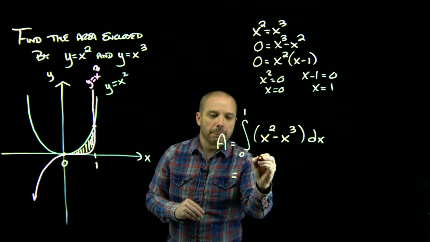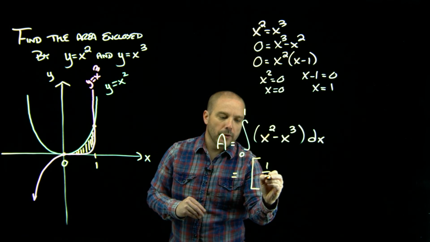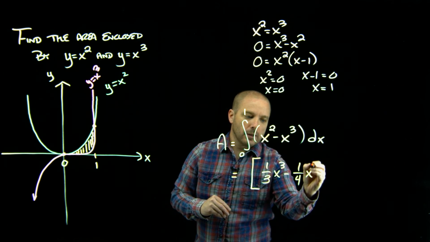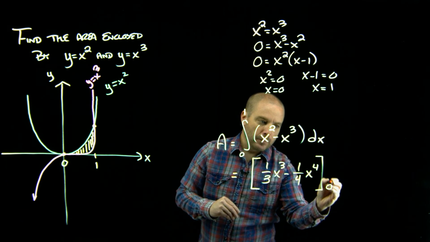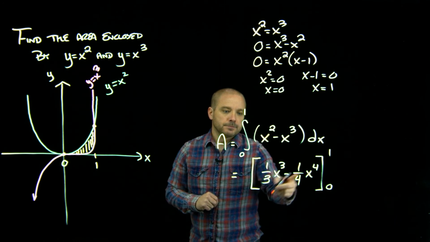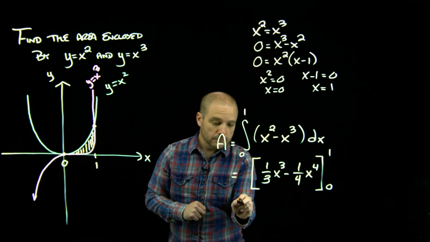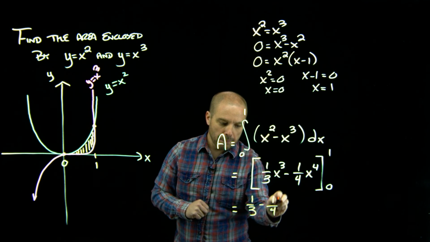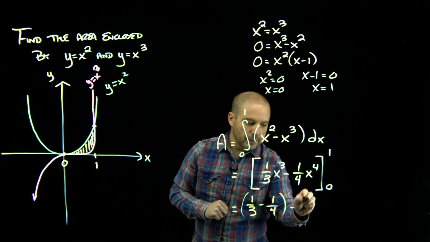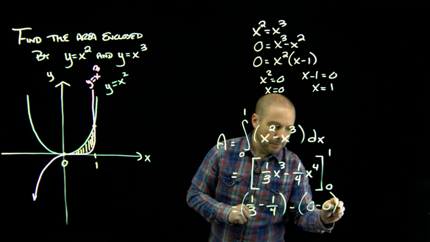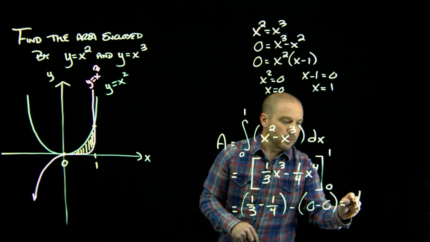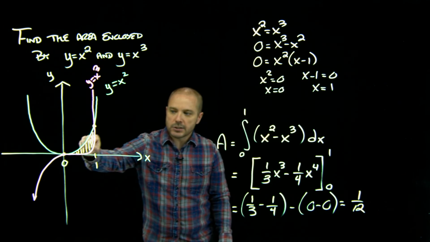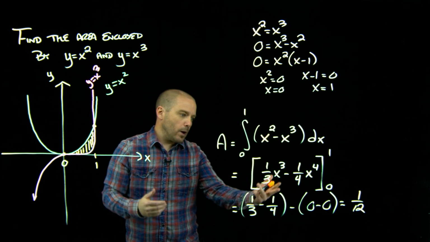So we know that's 1/3 x cubed minus 1/4 x to the 4th, 0 up to 1. 1 into there is a third minus a fourth. 0 into there is 0 minus 0. A third minus a fourth is a 12th. So this region in here has an area of 1/12.